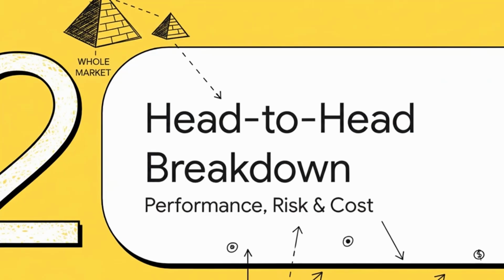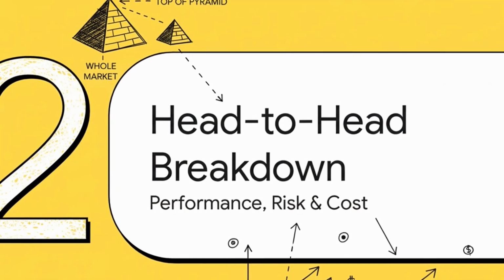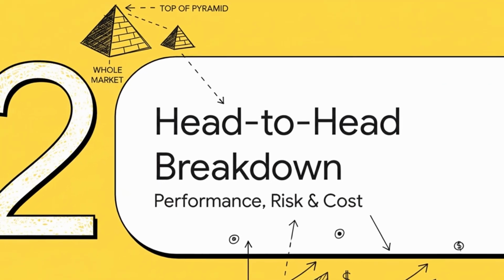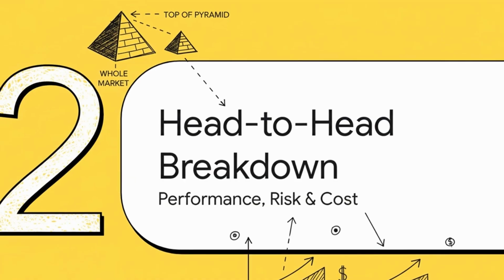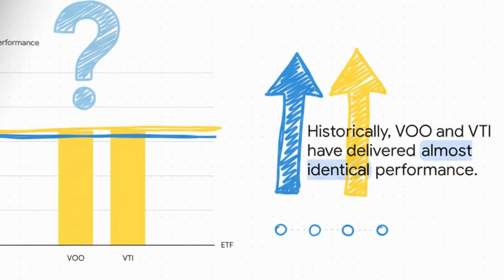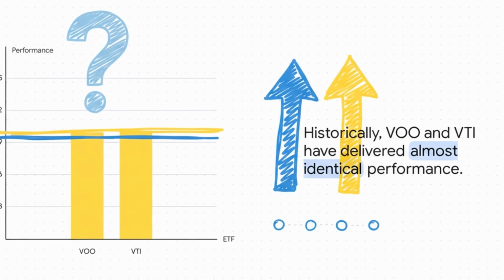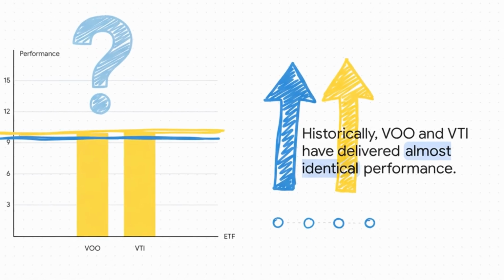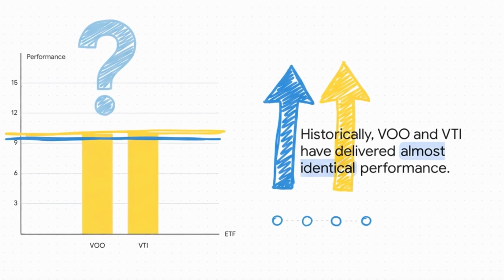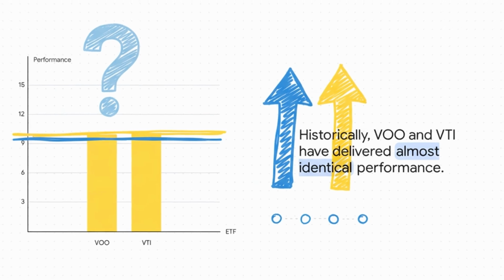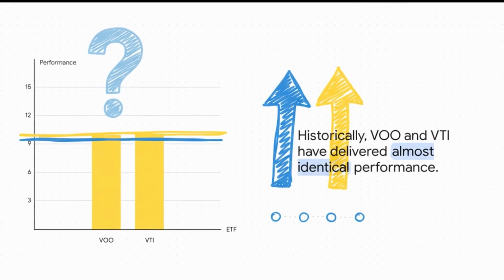All right, so we've got the top of the pyramid versus the whole pyramid. How does that actually shake out in the real world when you're looking at your account? Let's break down the numbers. And here's what blows most people's minds. When you look back at how they've performed over the years, their returns are, well, they're almost exactly the same. Seriously, if you put them on a line chart, the lines would practically be right on top of each other.